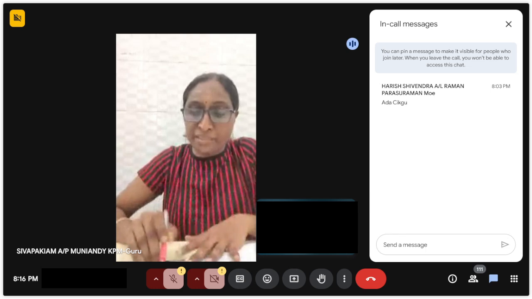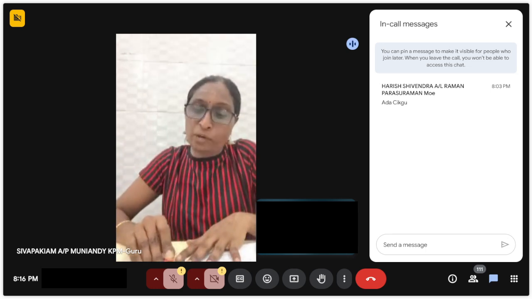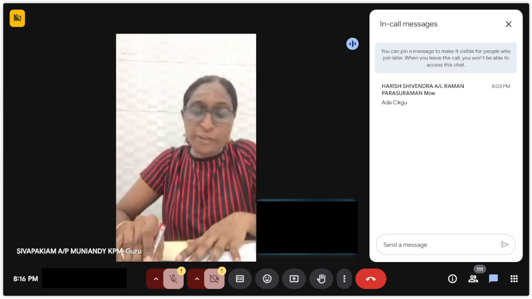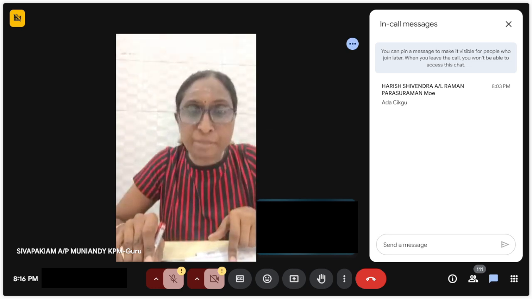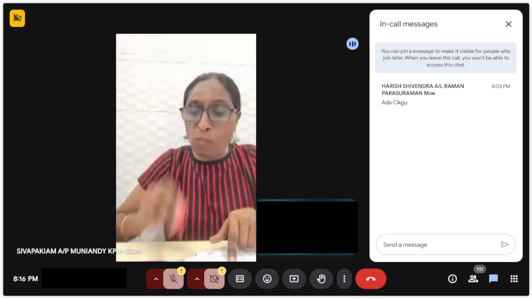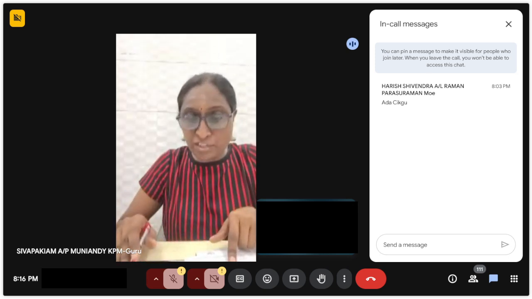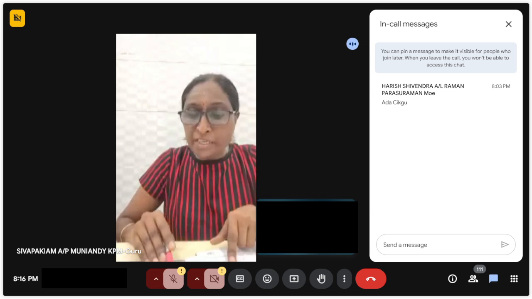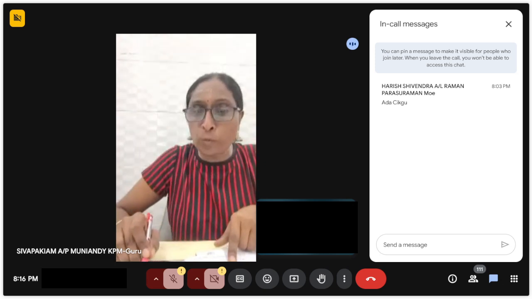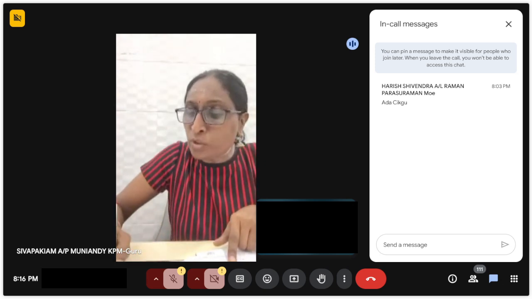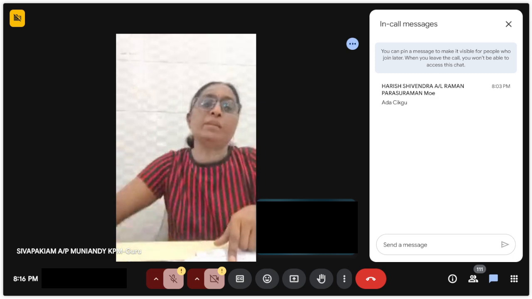Method. Describe the confirmatory test for the product formed at U. What is at U? Oxygen gas. So, number 1, collect the gas in a test tube. Number 2, remember, insert a glowing wooden splinter into the test tube. Must put it inside.